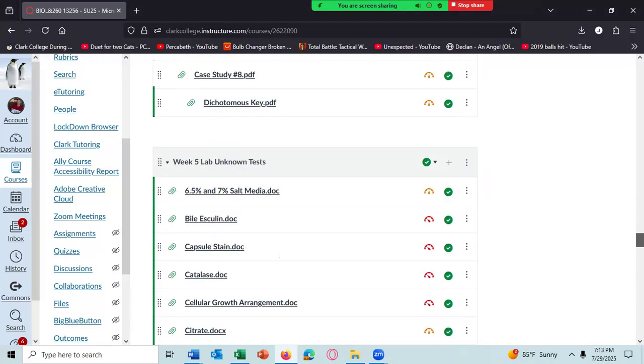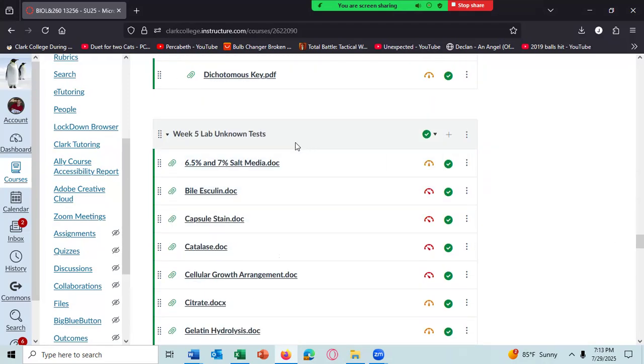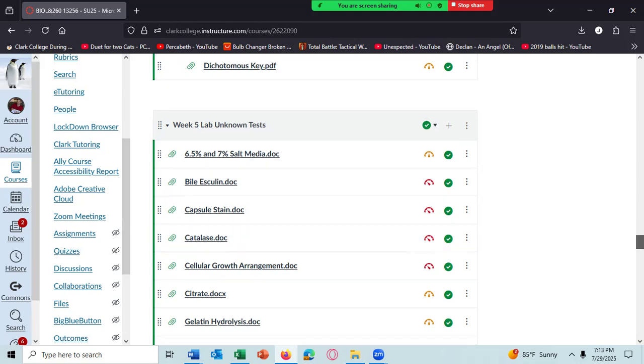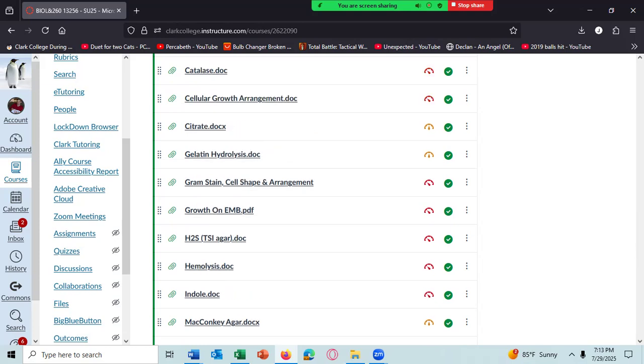And after lab 5, we have week 5 lab unknown tests. It tells you the different tests. This is actually 2 tests together, 5, 7% salt media. So you should probably look up the test for the gram stain, although you kind of know that one, but it wouldn't hurt you to take a look at that.